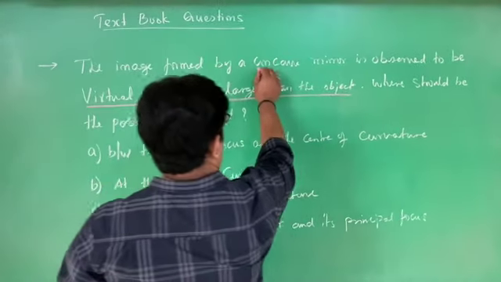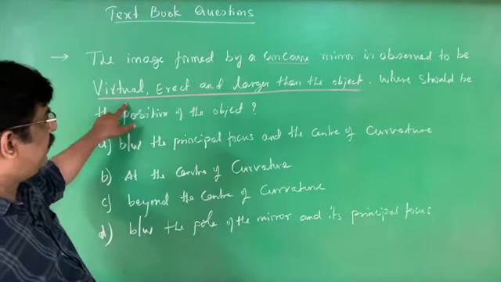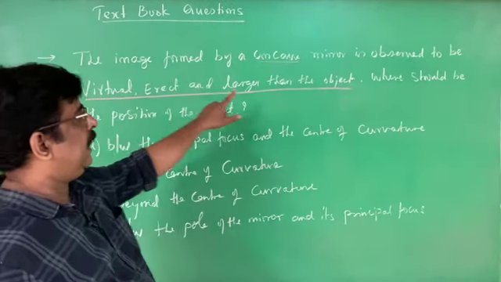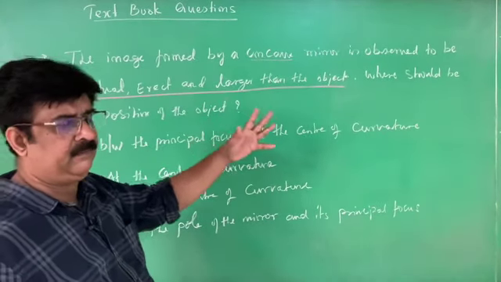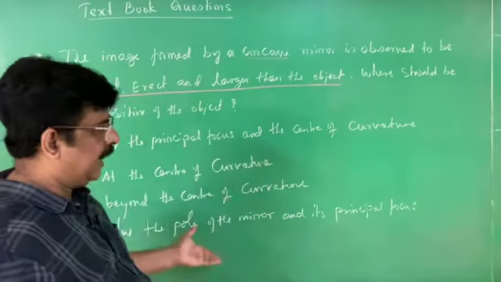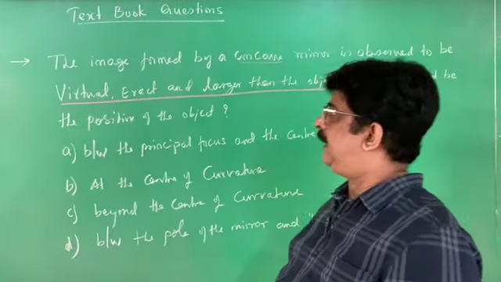In the concave mirror you have to get a virtual image, erect image and enlarged image. Where should be the position of the object? Very simple question. You have already written the ray diagram, therefore you can easily understand.